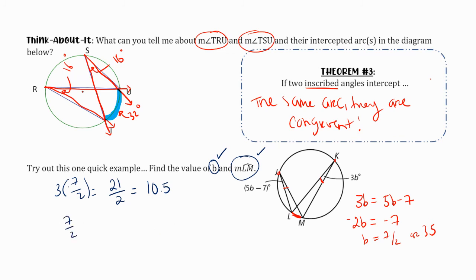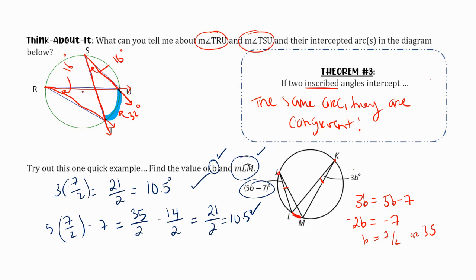If I did 7 halves times 5 minus 7, I get 35 halves minus 14 halves, which is absolutely 21 halves, which is also 10.5. So good. That's a good way for me to confirm. I plugged into both to make sure that I did this algebra right.